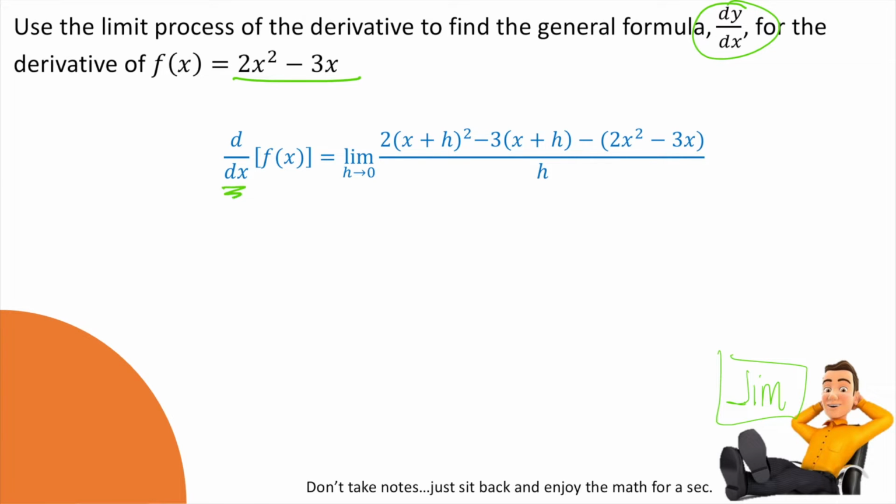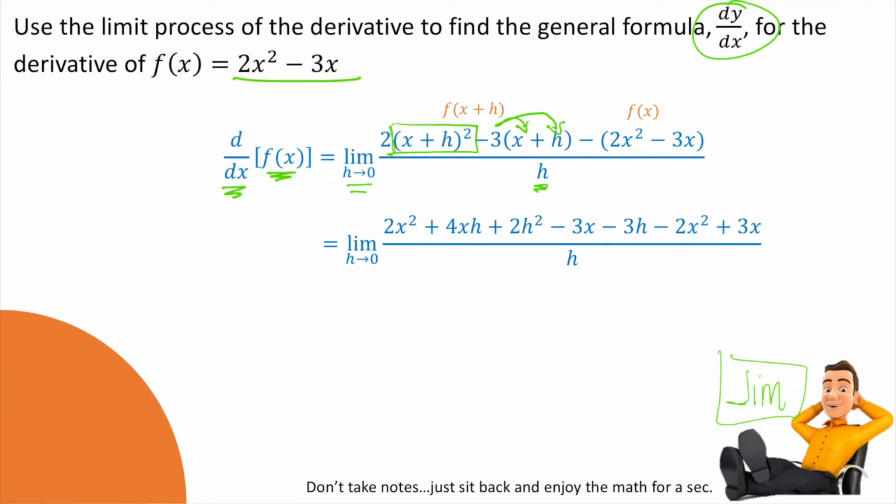So the derivative of f of x, all right, is the limit as h approaches 0 of f of x plus h minus f of x all over h. So we're going to have to expand this, the x plus h squared, and then we're going to have to distribute the 3 through. Ay, ay, ay.